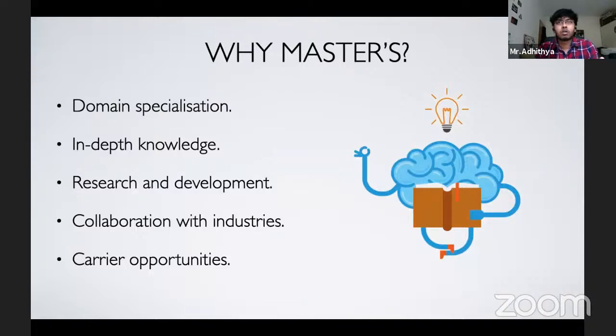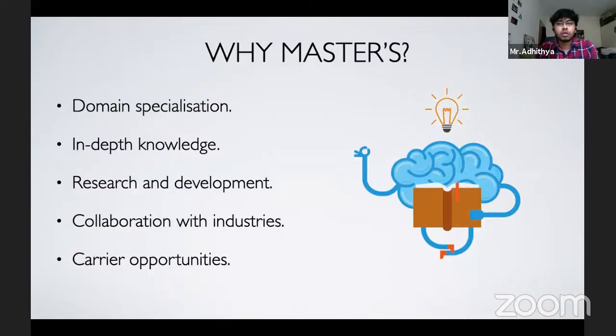If you want really in-depth knowledge about one particular field, you also have to study other multidisciplinary fields in order to better understand the practical application side of it. And another reason to do a master's is if you're interested in research and development.